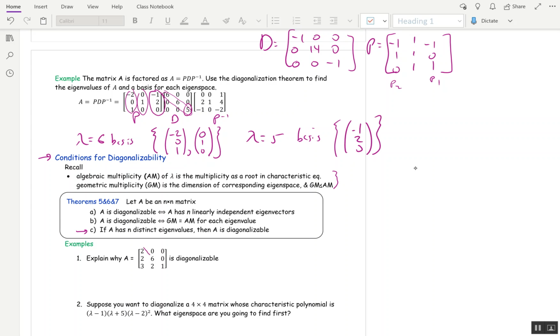Here we have a lower triangular matrix. So the eigenvalues are on the main diagonal. Eigenvalues are 2, 6, and 1. So we have a 3 by 3 matrix with 3 distinct eigenvalues.